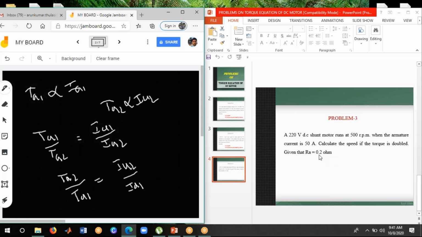Here the condition given is: calculate the speed if the torque is doubled. Torque is doubled means that in the initial condition we have Ta1, and in the second condition Ta2 equals 2Ta1, that is, it becomes double. So just substitute this value here. You will get 2Ta1 divided by Ta1 equals Ia2 divided by the armature current at the initial condition, 50 amperes.